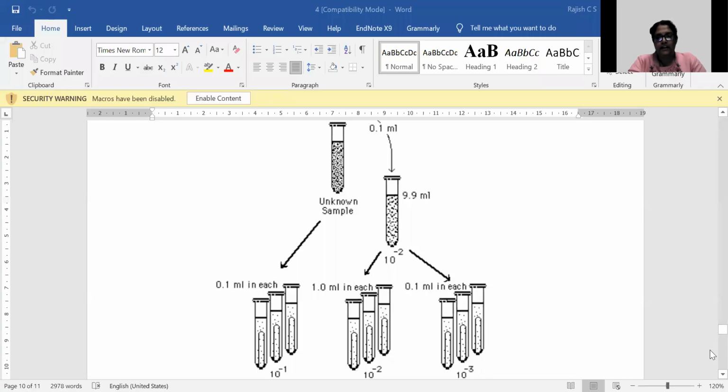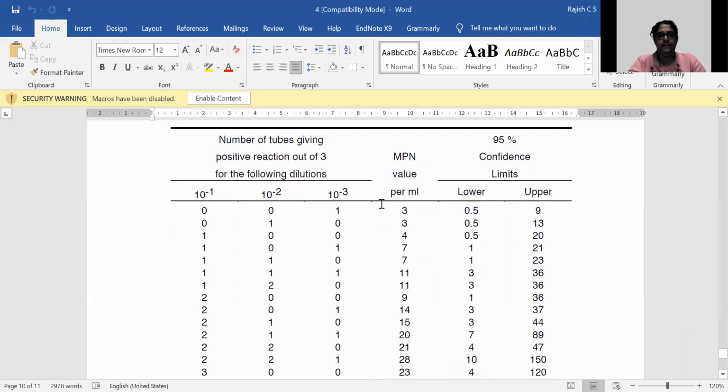Yeah, I didn't tell you about the most probable number, how you will be doing the calculation for that, no? There is a statistical table that is available. For each of the probabilities, like for 10 power minus 1, if you have kept 3 tubes, and out of the 3 you have only 0 and 1 and 1 and 0, what are the combinations that are available?